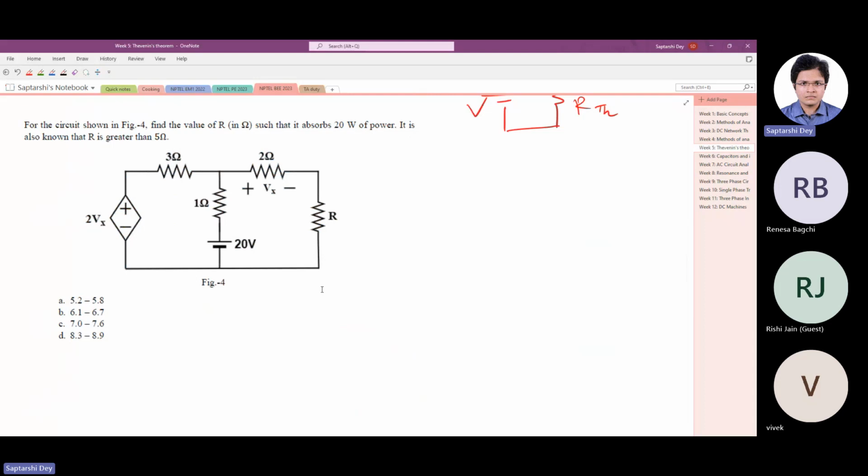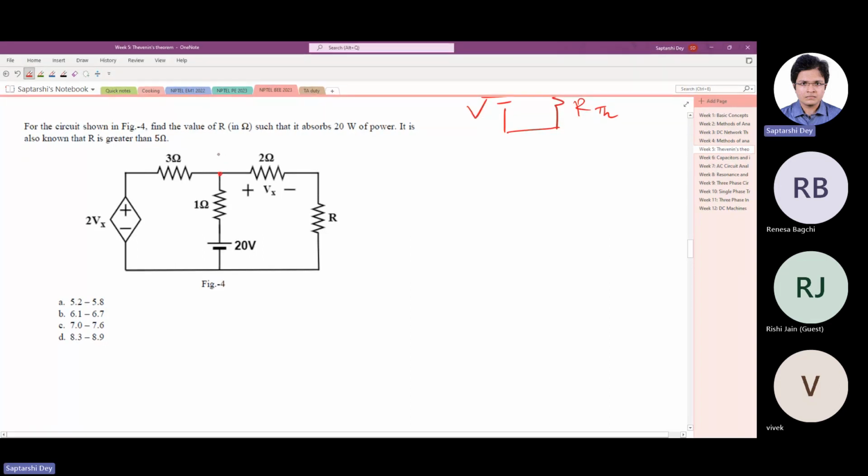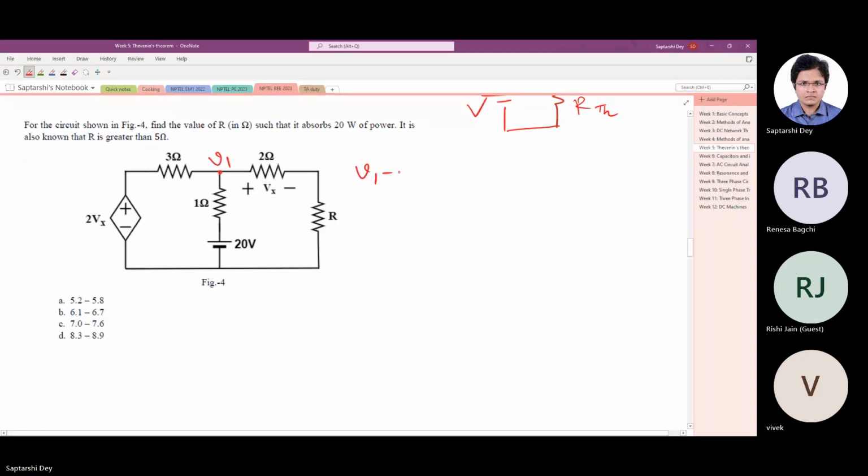All right. Easy circuit. What we can do is, if we apply KCL at node, it will be V1 minus 2Vx by 3 plus V1 minus 20 by 1. Then the answer will be coming V1 is equal to 60. Okay, let me write.